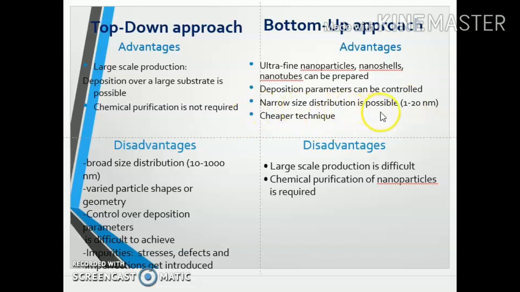The narrow size distribution is possible in the bottom-up approach. Generally, nanoparticles in the range of 1 to 20 nanometers can be obtained using the bottom-up approach. The bottom-up approach sometimes includes cheaper techniques for the preparation methods.